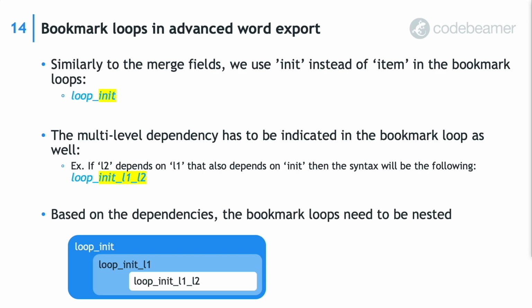For example, again, if L2 depends on L1, that also depends on init, then the syntax will be the following: loop_init_L1_L2. As you can see, the dependency is indicated from left to right. And based on the dependencies, the bookmark loops need to be nested. See the diagram at the bottom of the slide.